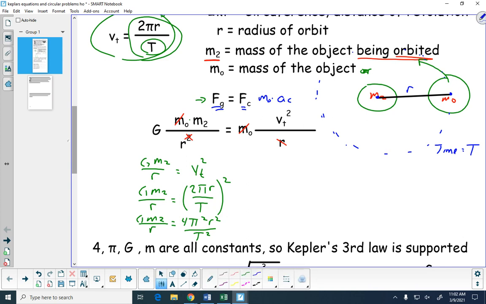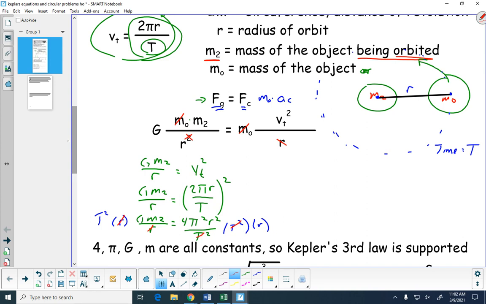So if we look at our equation, I'm going to multiply both sides by T squared, and I'm going to multiply both sides by r to get rid of our bottoms. Multiplying both sides by r will cancel out my r's. This will cancel out my T squareds.